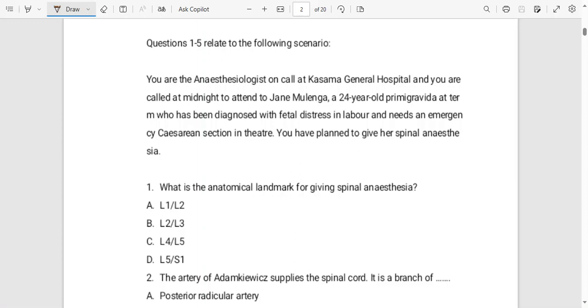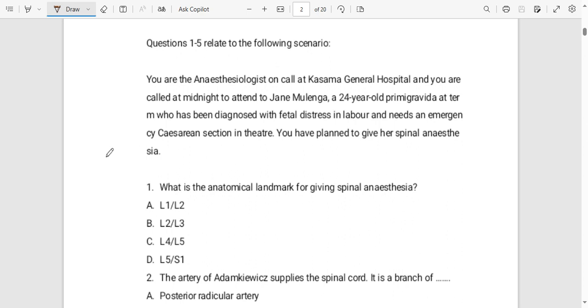Question 1 up to 5, we are going to be using this scenario. You are an anesthesiologist on call at Kasama General Hospital and you are called at midnight to attend to Jen Mlenga, a 24-year-old primigravida at term who has been diagnosed with fetal distress in labor and needs an emergency cesarean section in theater.